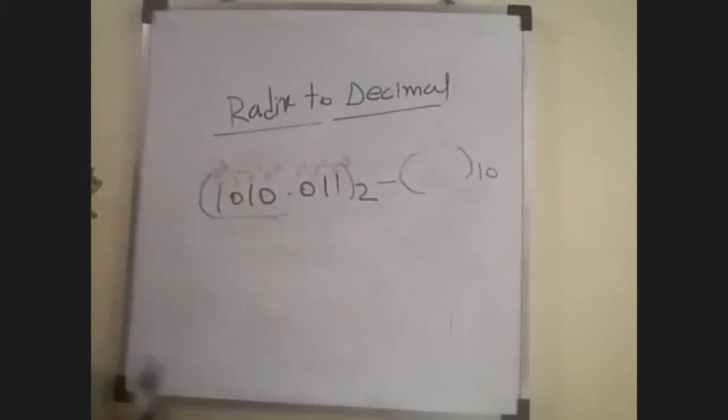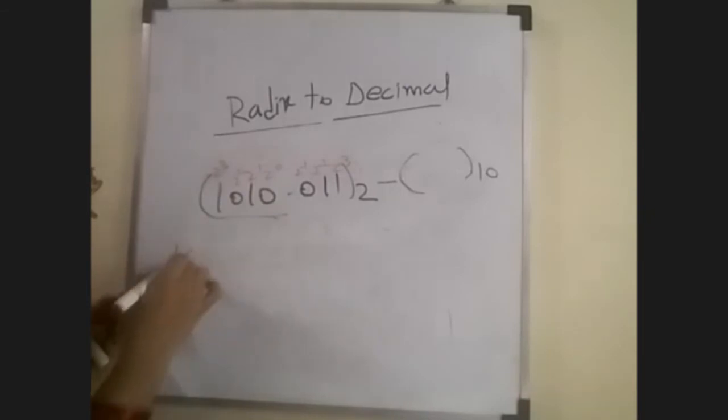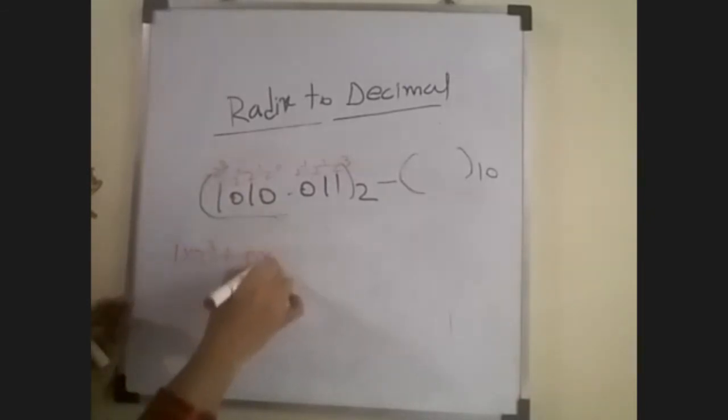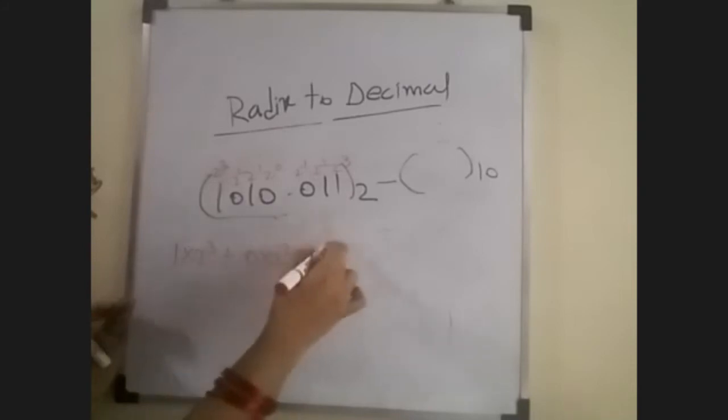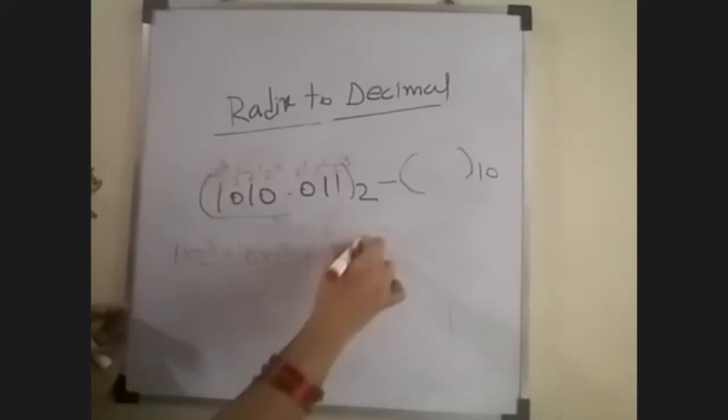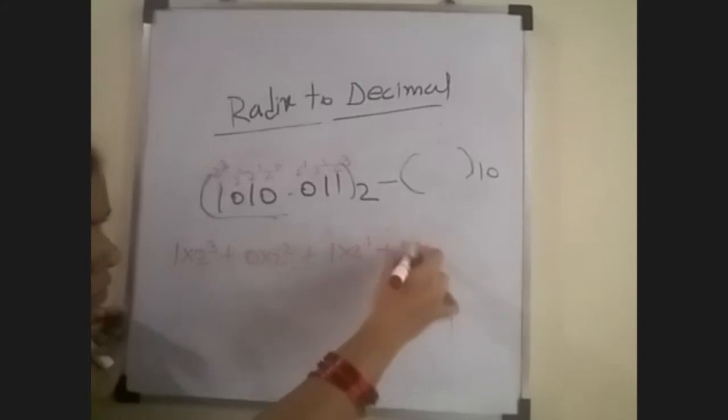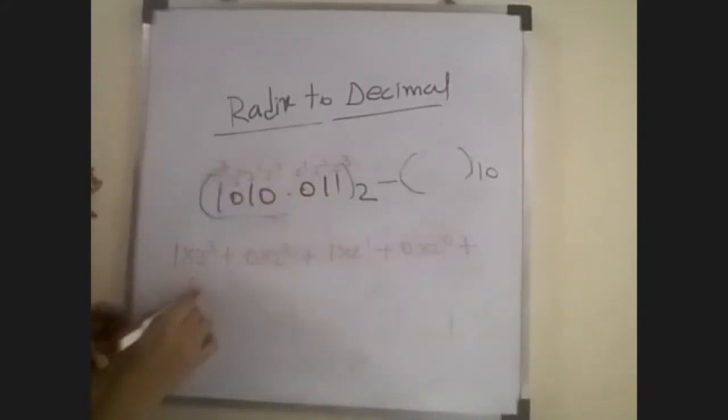So 1 into 2 power 3, plus 0 into 2 power 2, plus 1 into 2 power 1, plus 0 into 2 power 0, plus 0 into 2 power minus 1.